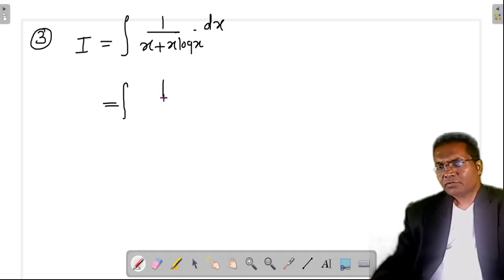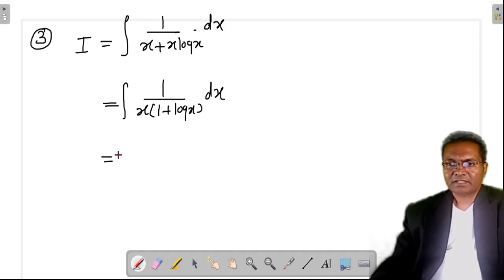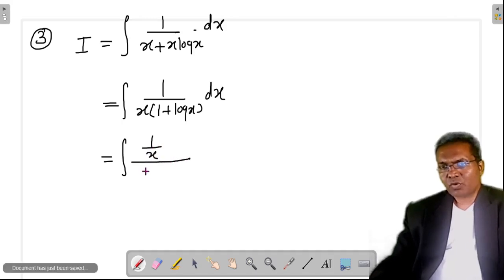Now you make one change here. Take x common: x into 1 plus log x dx. So I can write this as 1 by x whole divided by 1 plus log x.